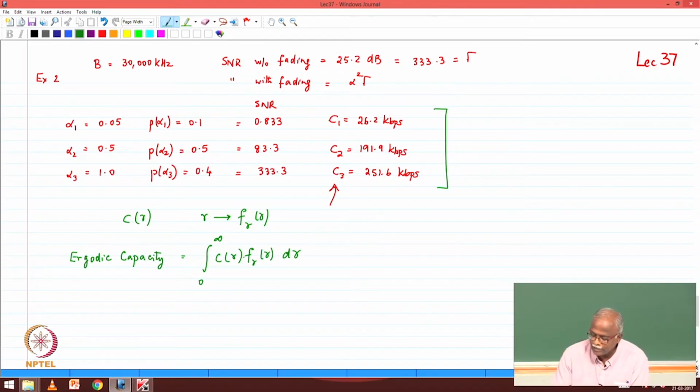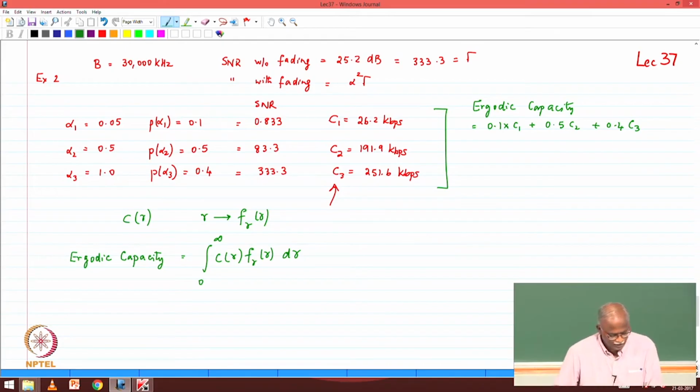So the ergodic capacity for this channel will be 0.1 times C1 plus 0.5 times C2 plus 0.4 times C3. Again, it's a simple calculation that you can compute and verify, and this comes out to be 199.2 kbps.